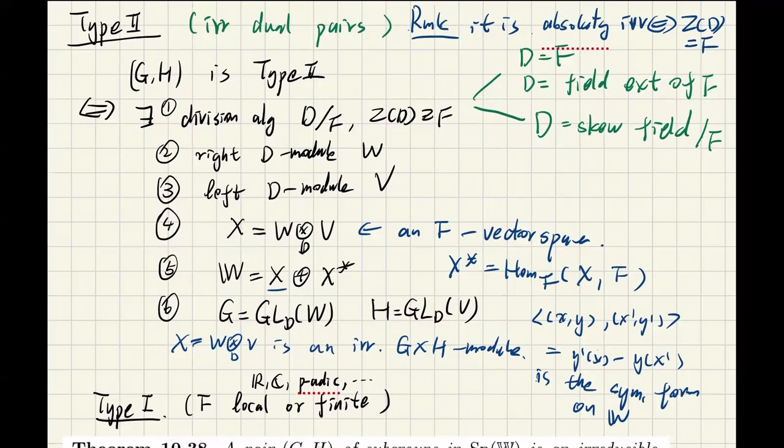For example, you will have a dual pair GL_K, GL_M. If K is a genuine extension of F, then it's not absolutely irreducible.